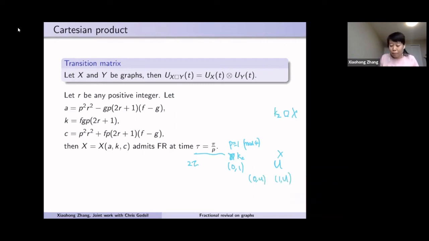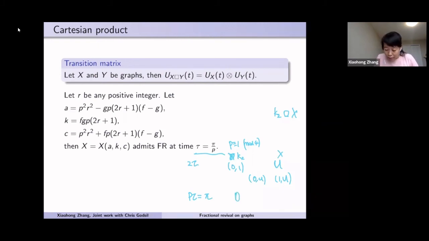Now we check a different time, say P tau, which is just pi. For this, the time is an integer multiple of pi. For K2, it will be periodic at vertex 0 and periodic at vertex 1.